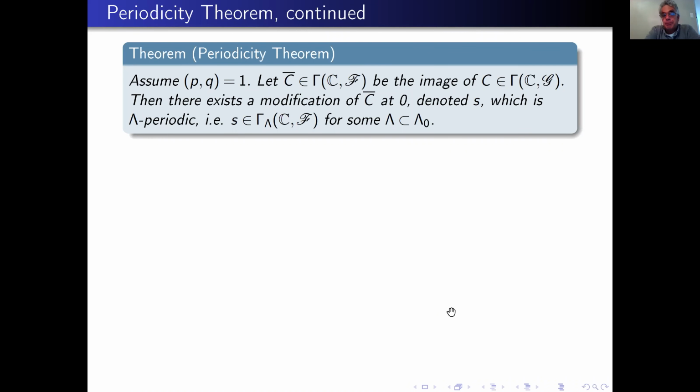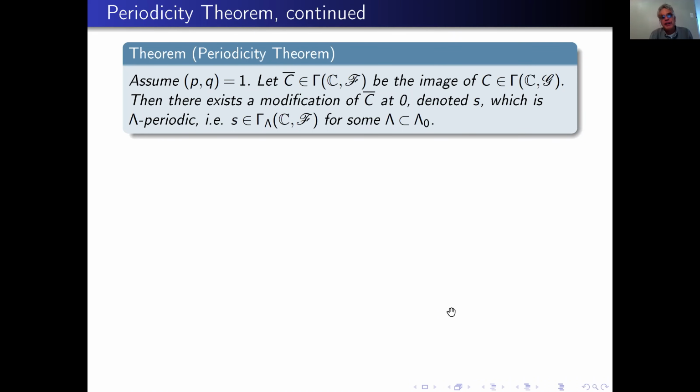C is not lambda periodic, but the theorem says that you can still salvage something, and what you can salvage is that the image of C in GL_r(M) over GL_r(O), in this sheaf of cosets whose stalks are affine Grassmannians, is lambda periodic, well, with a little technical point that you have to allow a modification at zero.